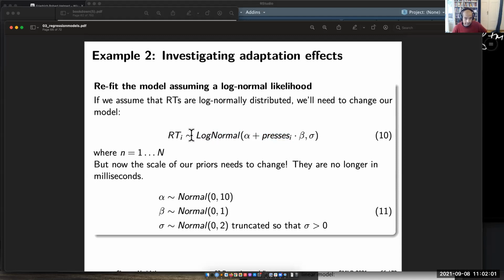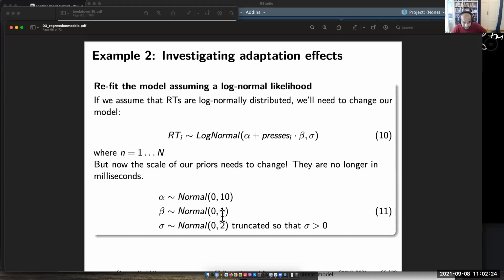So I've got reaction time as a function of the intercept and the slope with a sigma. All the parameters now, alpha, beta, and sigma, are defined on the log millisecond scale. Please do not get confused, and do not forget to change the scale of these parameters, because this is the log normal now, right? So my prior for beta is going to be a normal 0, 1.